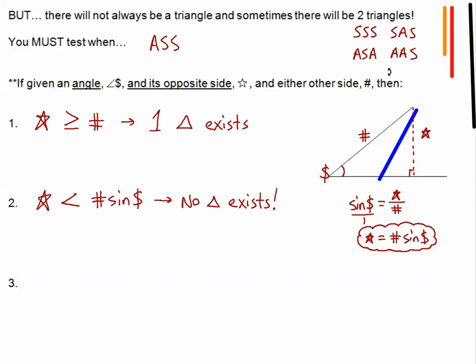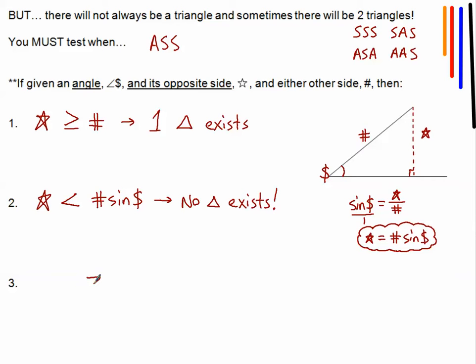And this is the case where this blue side is something that is indeed longer than that magic value that we just found that's right here in this bubble, but it's not longer than the original given side here. So that's our third case, and that's the case where we will have two triangles.